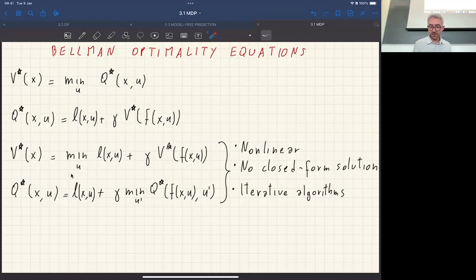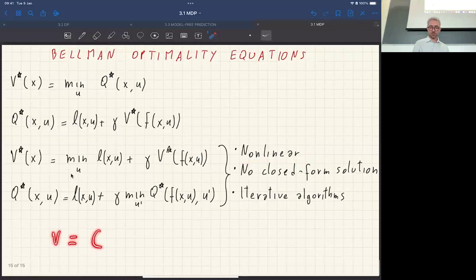In general, what we can say is that these are nonlinear equations, contrary to the one we have seen before for the Markov chain, where to compute V, we had a linear system of equations to solve, if you remember, which was simply V equals C plus gamma PV.